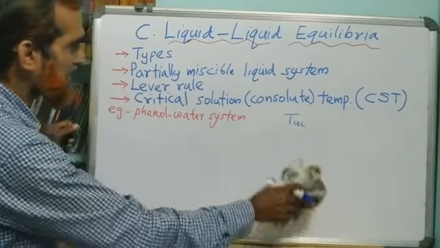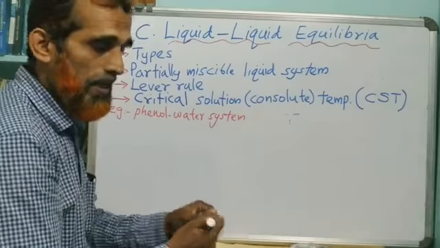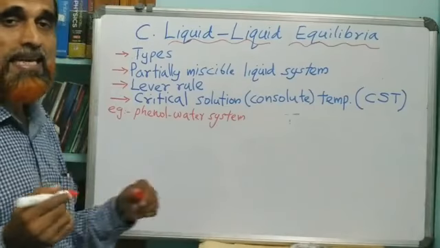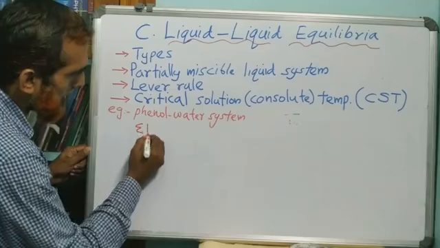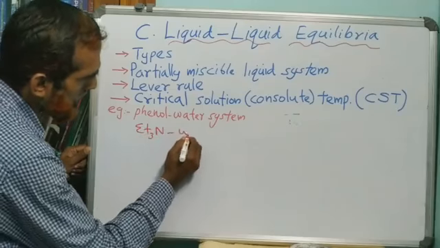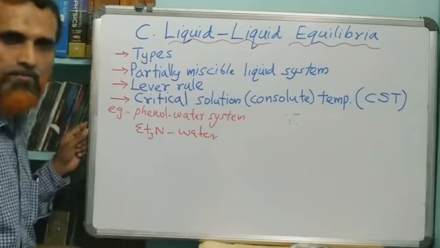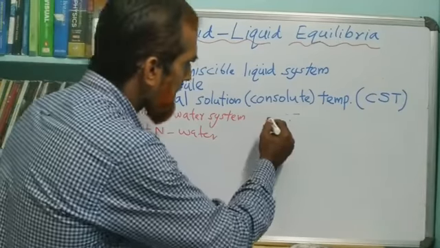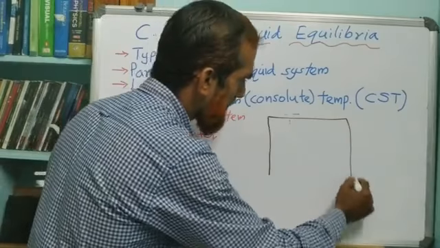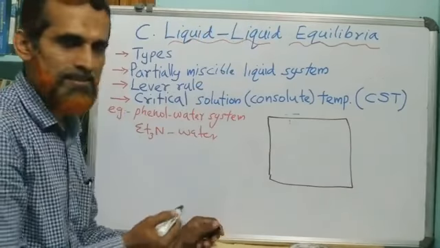But there are some interesting cases where the solubility of two liquids increases on decreasing temperature. For example, the triethylamine water system. For this system, the phase diagram is like this. See, it's just reverse.